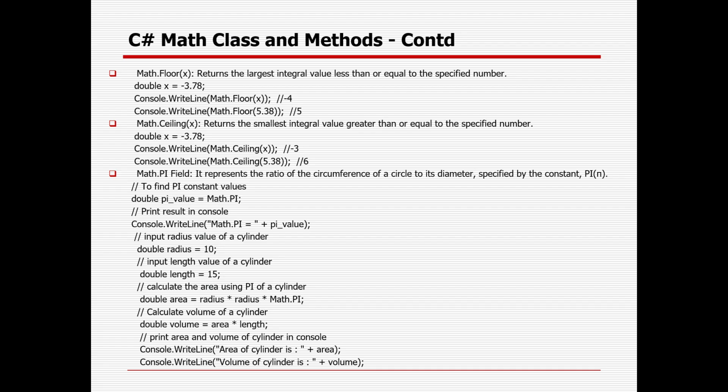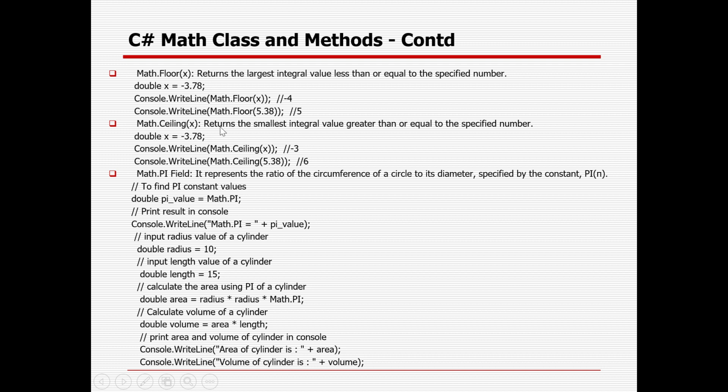Then another important method related to floor is the Ceiling method. Math.Ceiling will return the smallest integral value greater than or equal to the specified number. Sorry, it was a mismatch in the PPT.